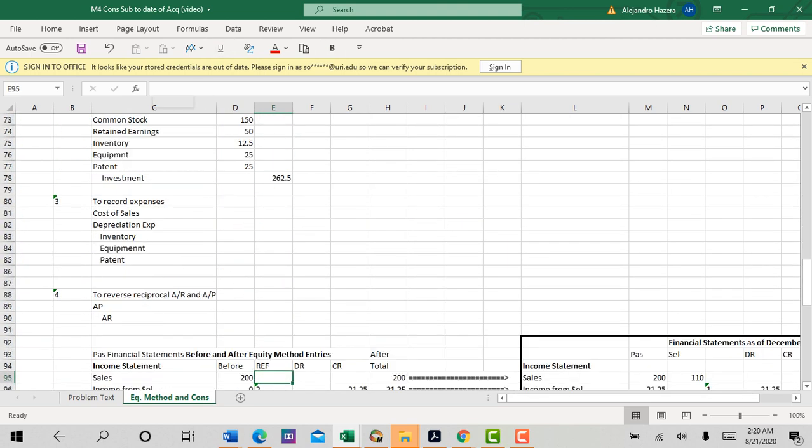Okay, the third entry is to record current year expenses. At the beginning of the year, nothing had been expensed because the inventory had not been sold, and no time had gone by to record depreciation or amortization.